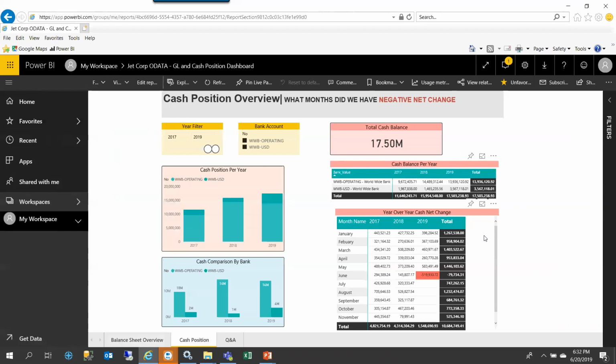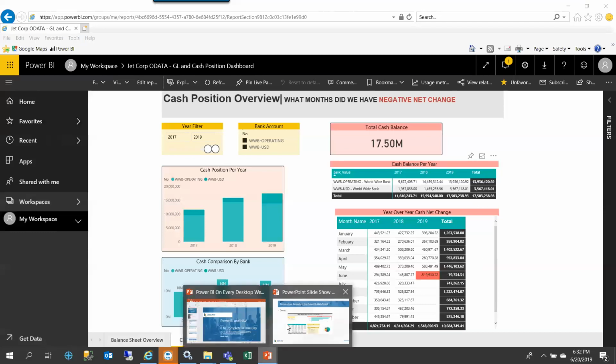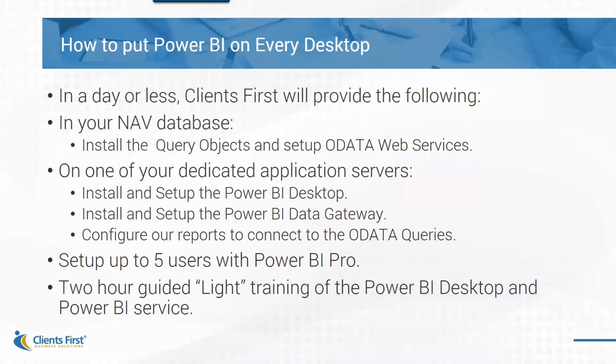So those are the demos of our available report pack for Power BI. As we turn to our PowerPoint, the last topic we want to address is how can we put Power BI on every desktop?